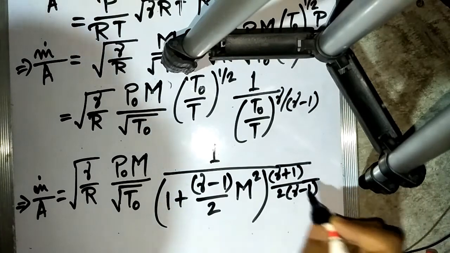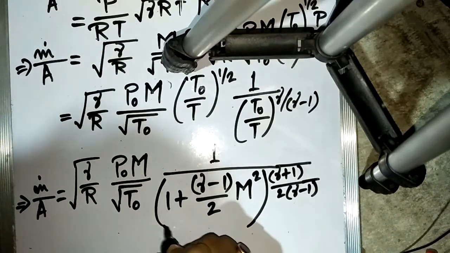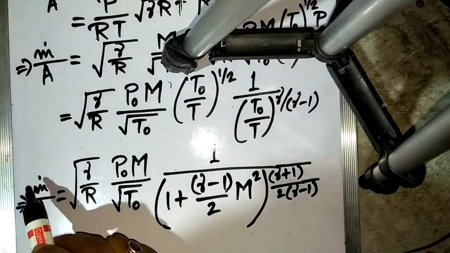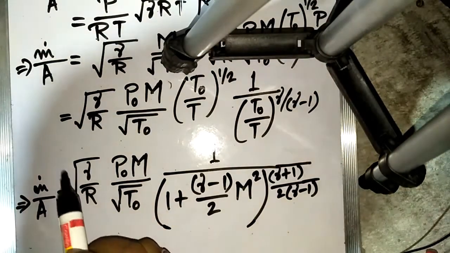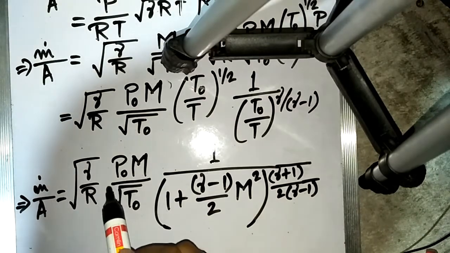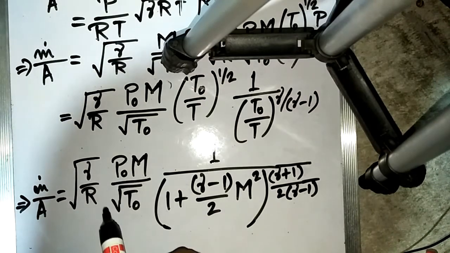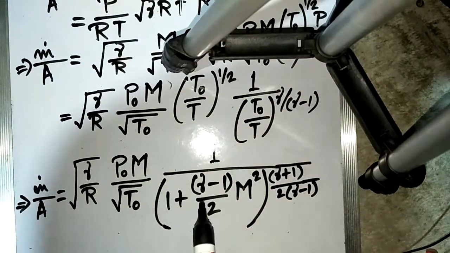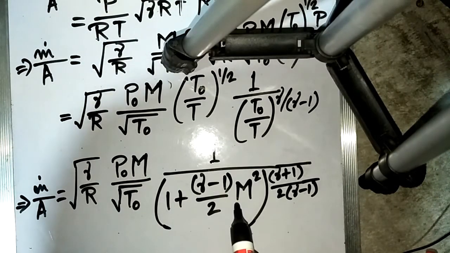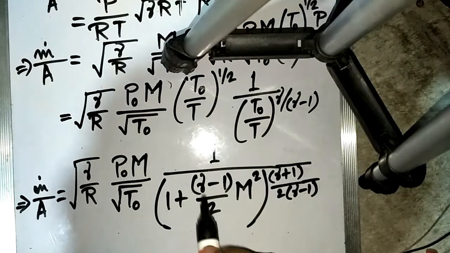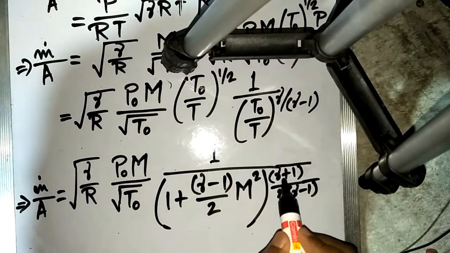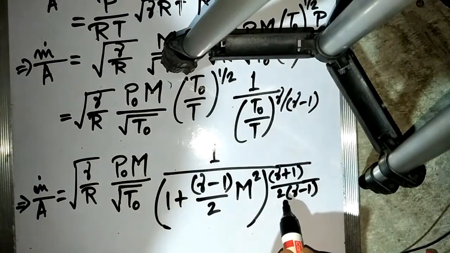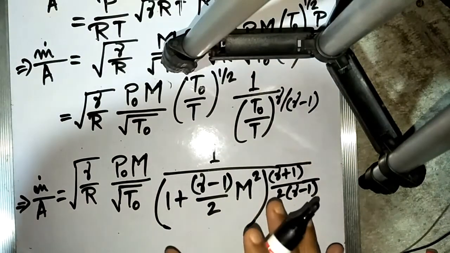So the value of m dot by A, the mass flow rate by the area, equals root over gamma by R into P0 by root T0 into M into 1 by 1 plus gamma minus 1 by 2 into M square, to the power gamma plus 1 by 2 into gamma minus 1. So this is the equation.